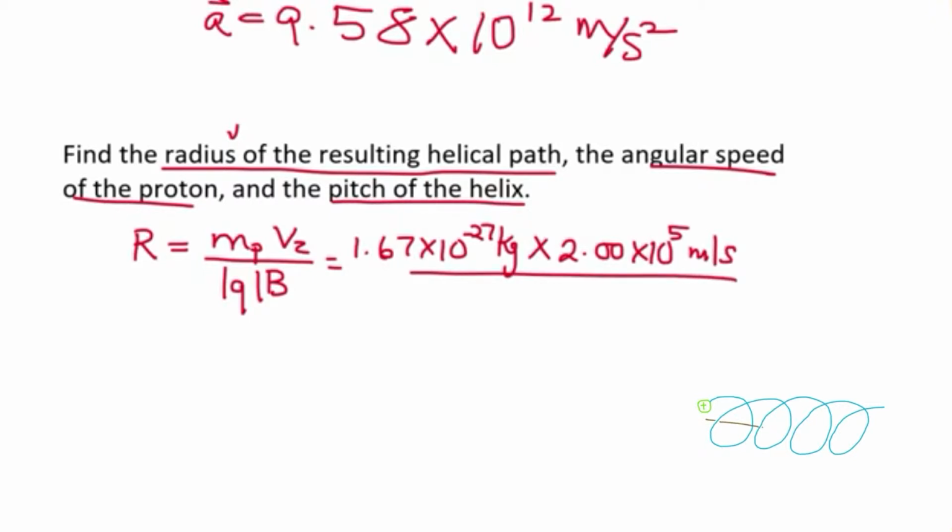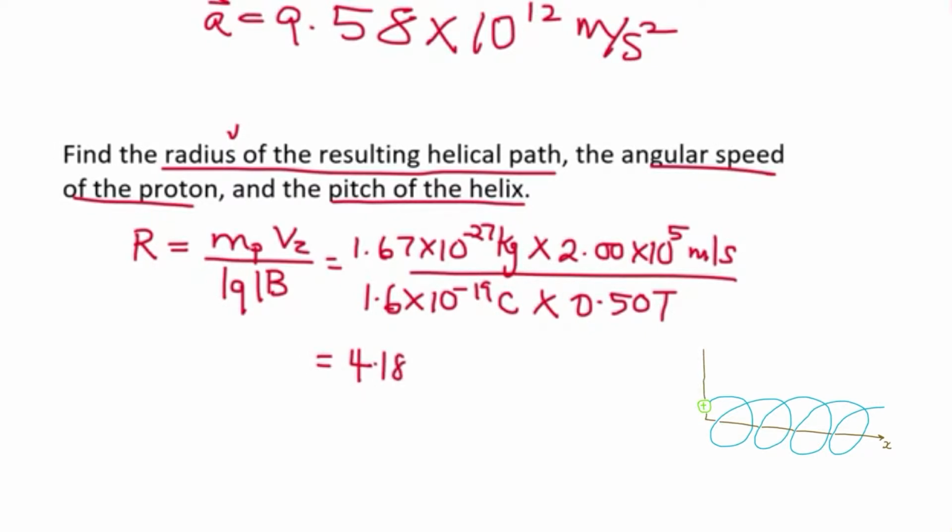This is divided by the charge, which is 1.6 times 10 to the negative 19 coulomb, times the magnetic field strength, which is 0.50 Tesla. As a result, the radius of the resulting helical path is around 4.18 times 10 to the negative 3 meters.